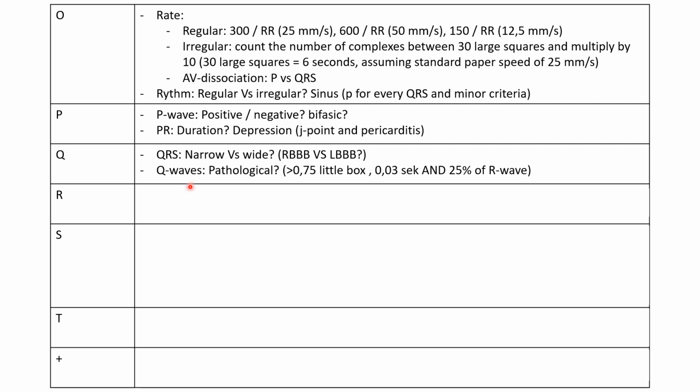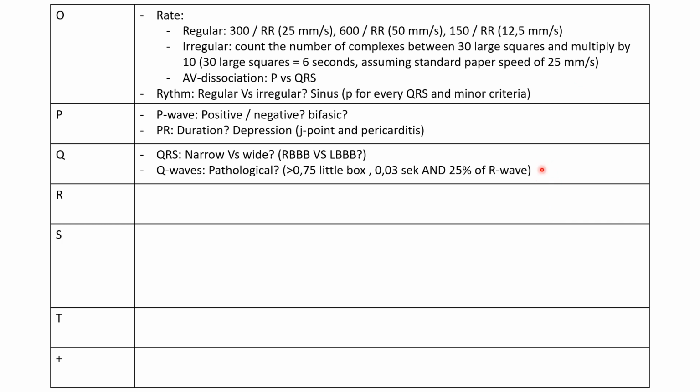And then you'll check if the Q waves are pathological, meaning that they have to be a bit wide, meaning 0.75 little box, which is not that wide, which translates to 0.03 seconds, and the Q wave has to be at least 25% of the R wave. So if you have a Q going down, it should be more than 25%.